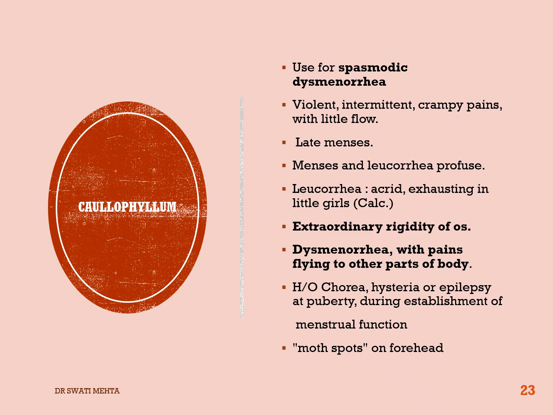Women with a history of chorea, hysteria, epilepsy or nervous disorders often require this remedy. Dysmenorrhea where the pain flies from the uterus to the other parts of the body, and that is the peculiar symptom of caulophyllum. And extraordinary rigidity of the os is the indication of dysmenorrhea of caulophyllum.